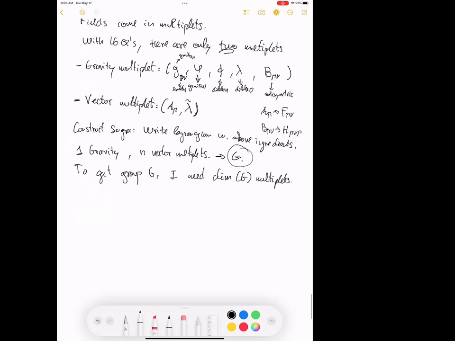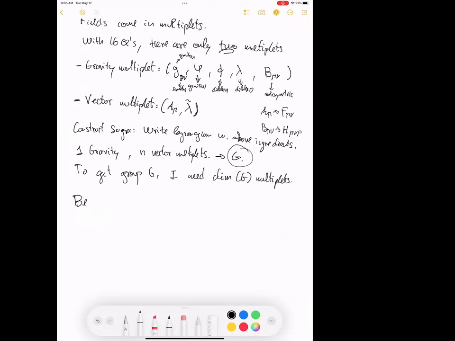Okay, so the nice thing is that when you're writing an effective field theory for the standard model or any quantum field theory, you need to pick what your fields are, then write down the Lagrangian, and then choose the couplings of the Lagrangian. There are many choices here. Here, that's different.